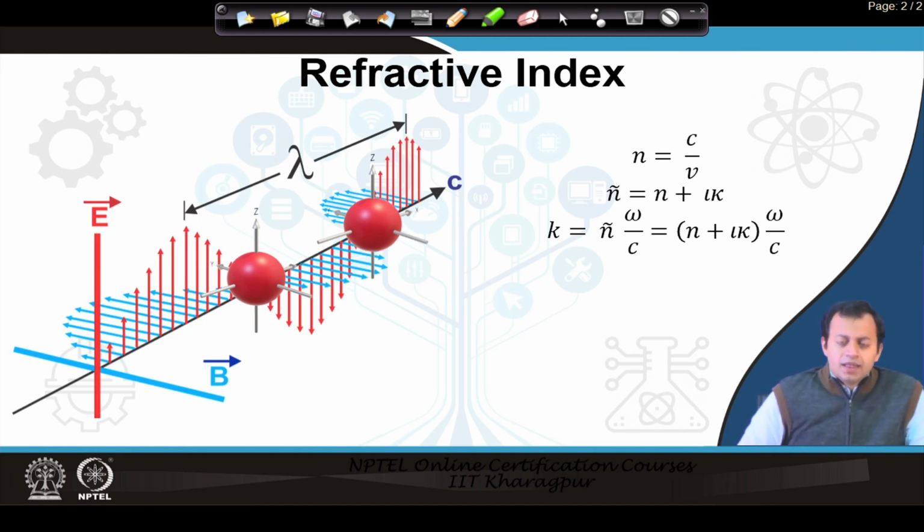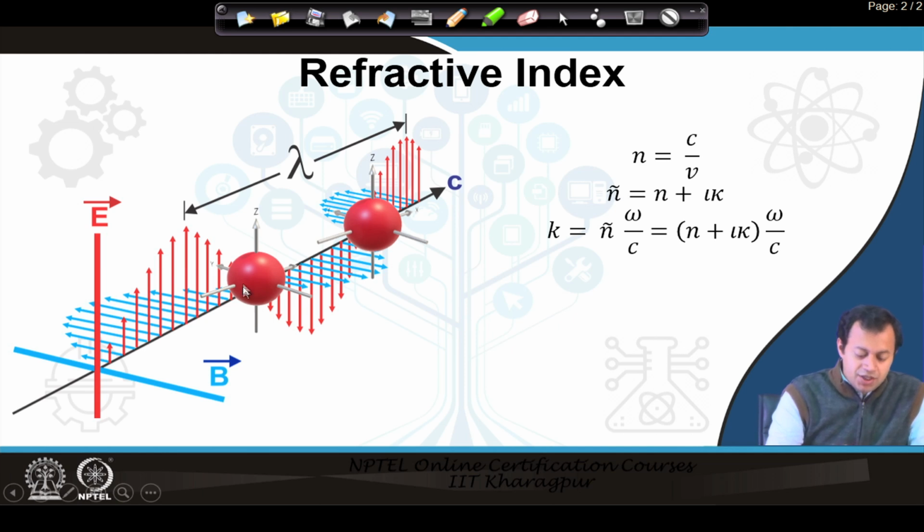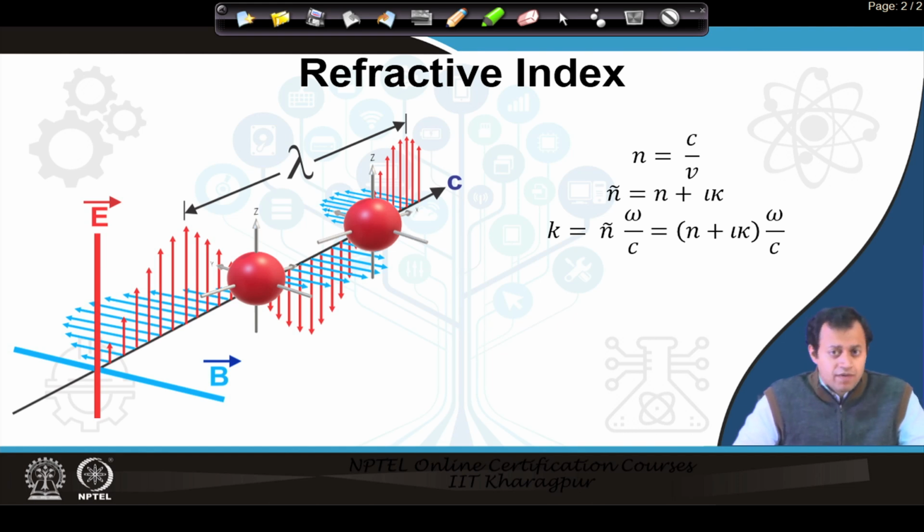Whenever there is an electromagnetic wave propagating through it, the oscillating electric field will agitate the positive and negative charges, electrons and the nucleus.